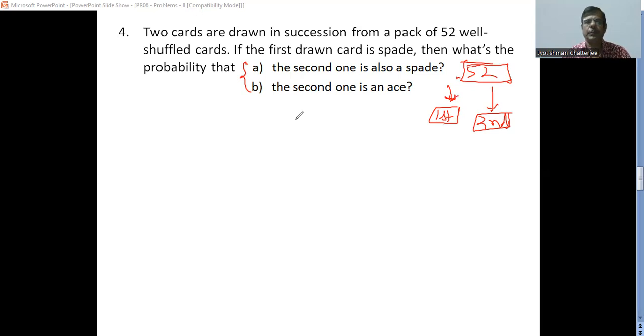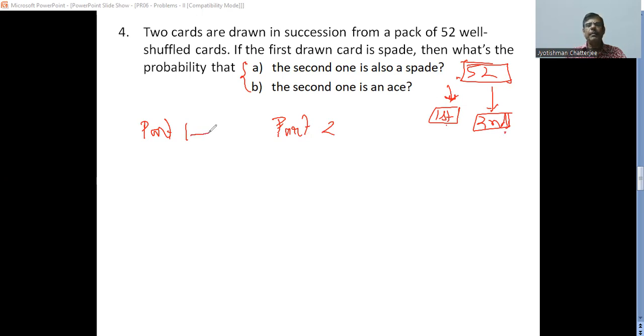So these are the two components. Now we are given something about the first component, and the question is about the second component of the random experiment. These are the parts of the random experiment: part 1 and part 2.